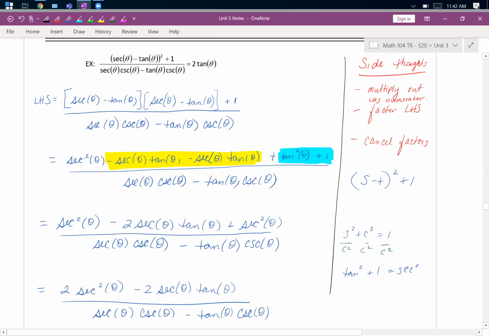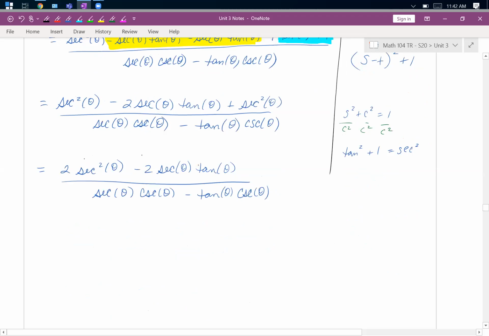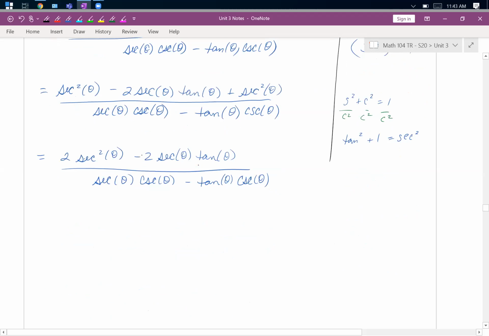Well, we've already mentioned that we're going to need to factor the left-hand side and then cancel common factors. So we've got everything all multiplied out and simplified as best we can. Can we factor this left-hand side? Let's start with the numerator. Is there anything we can do to factor it? The continued side work might help. 2s squared minus 2st. What can we do to factor that?